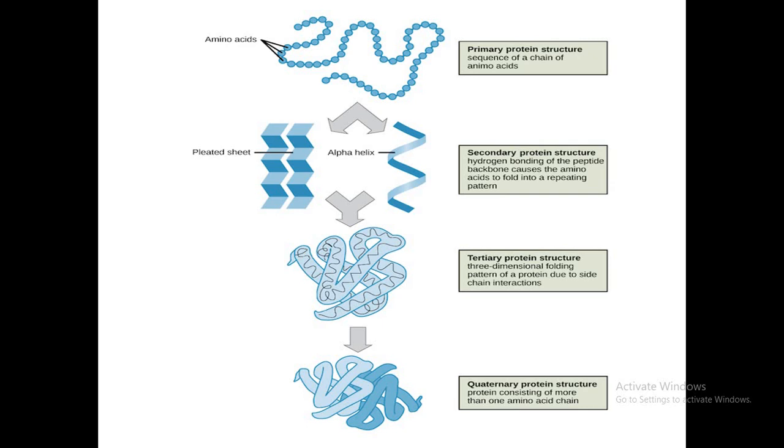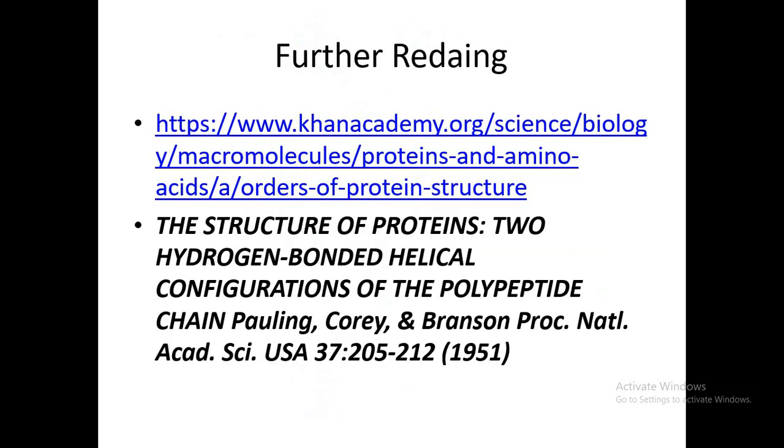So this was the whole of protein structure. In my coming lecture we will study how proteins perform different functions in our body, and what the biological and pharmaceutical importance of proteins is.